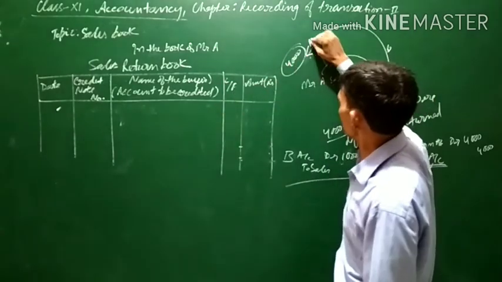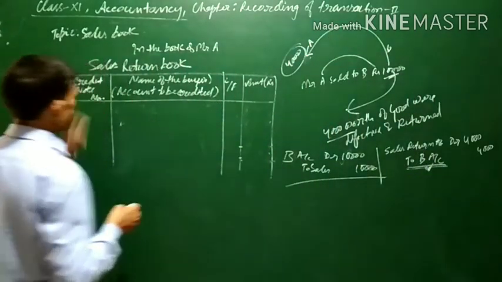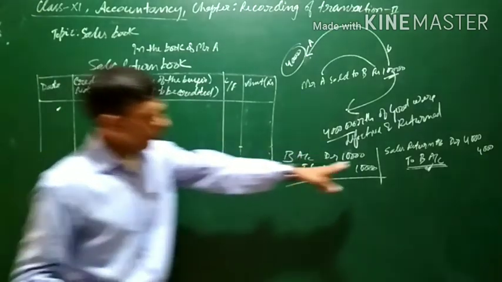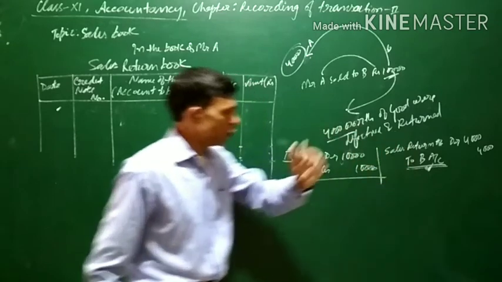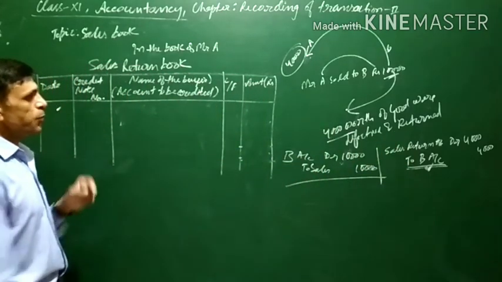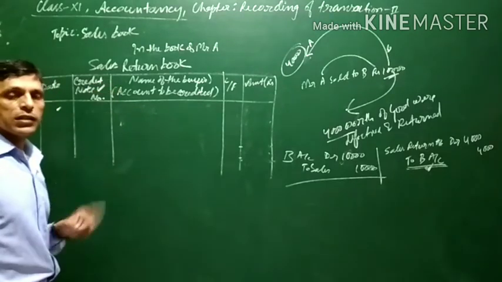And when A receives the goods, he will issue a credit note. A will pass the entry, sales return account debit to B, and since B will be credited, A will prepare a credit note saying that your account has been credited.